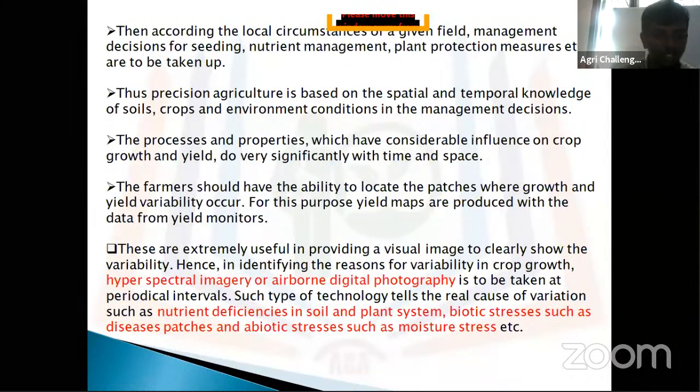Sorry. Then the process and properties of this type of precision farming, location specific management, have considerable influence on crop growth. If you follow location specific management based on variability conditions, spatial and temporal, that has influence on your crop growth and yield, definitely.